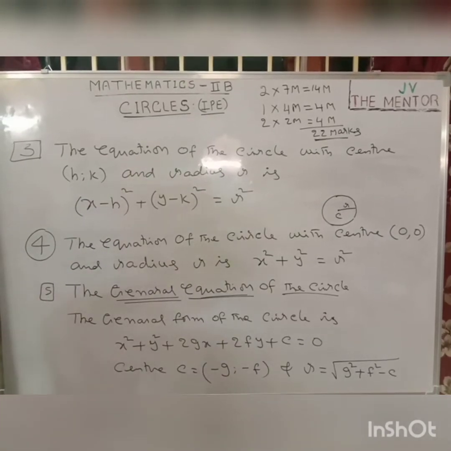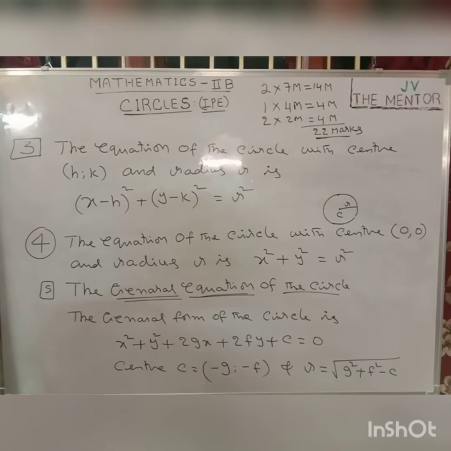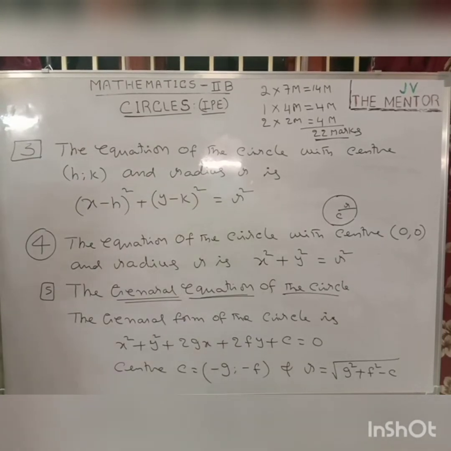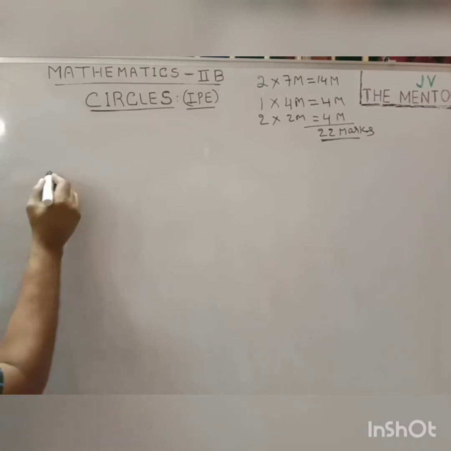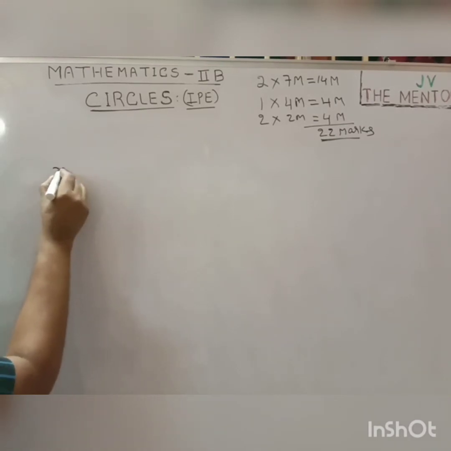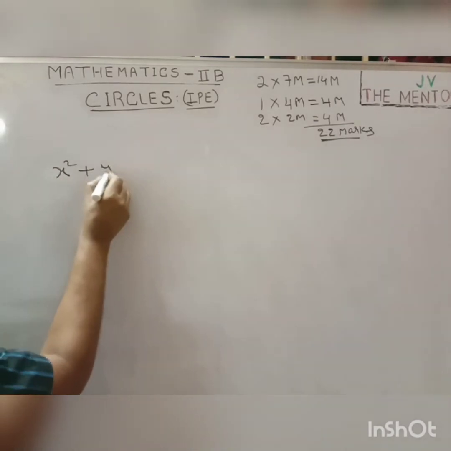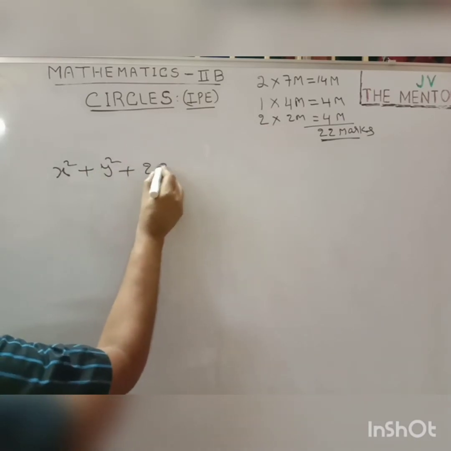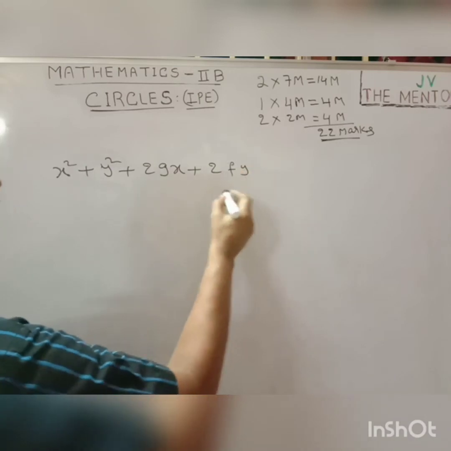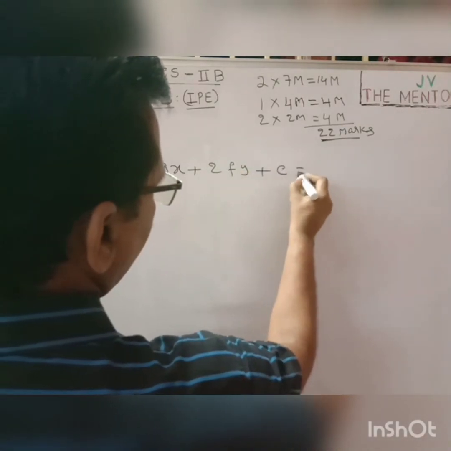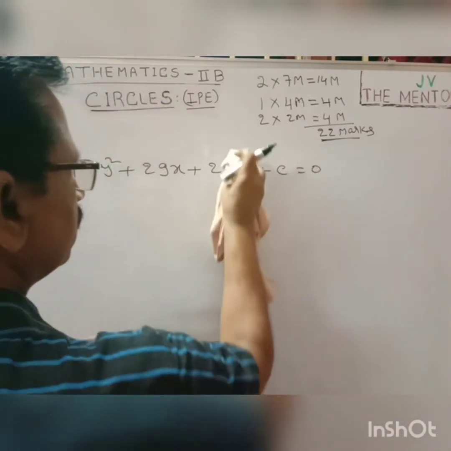Write down. In the standard form of the circle, x square plus y square plus 2gx plus 2fy plus c equal to 0, observe this equation.